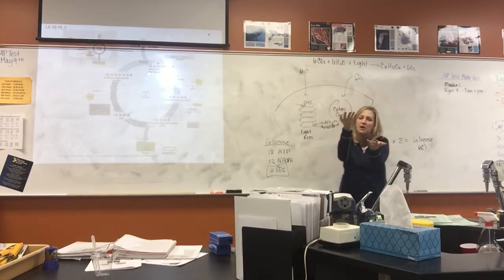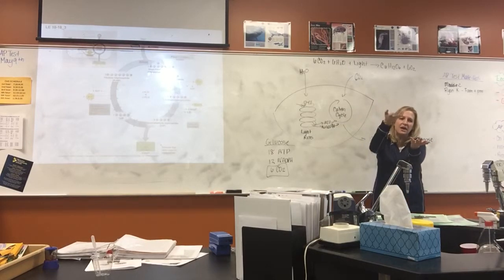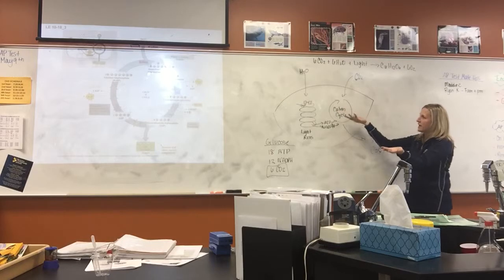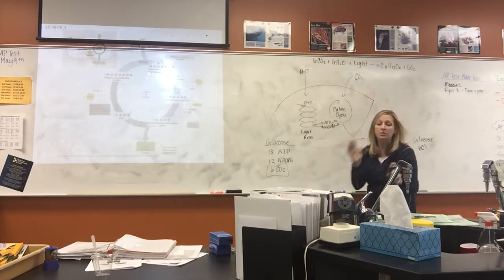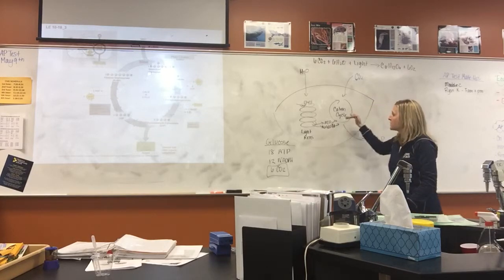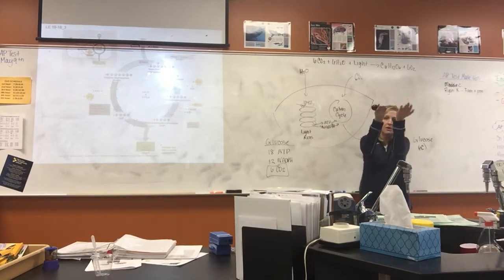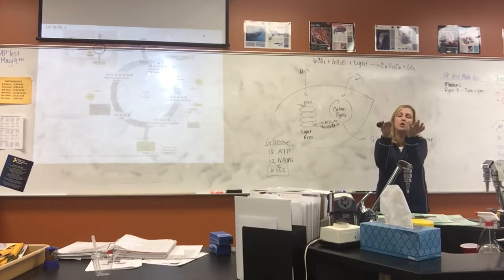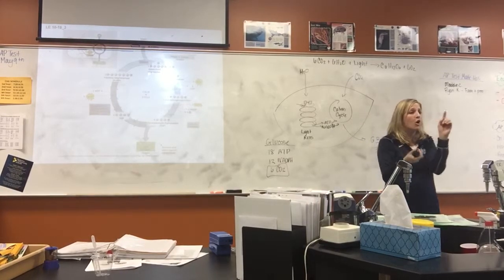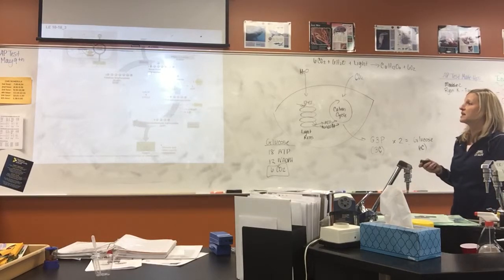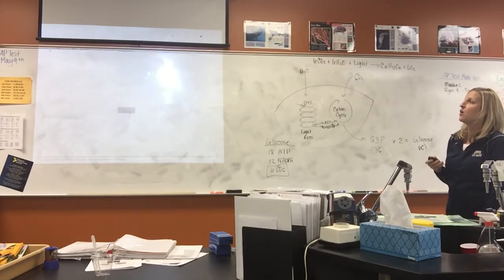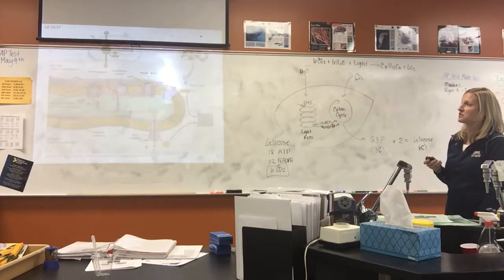And so what you're going to end up with is some NADPH hanging around, and it can't do the Calvin cycle because the Calvin cycle ran out of ATP. So what the plant does, in the light, when they start to run out of ATP to do the Calvin cycle, is go back to the light reactions and only do the part of the light reactions that has to do with the electron transport chain. Because what does the electron transport chain do?